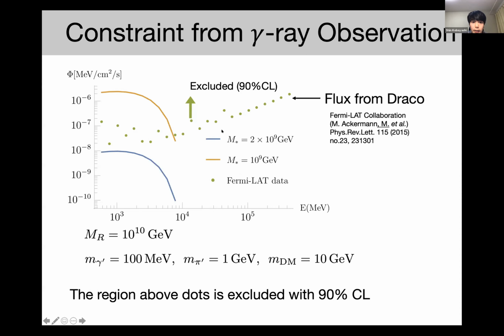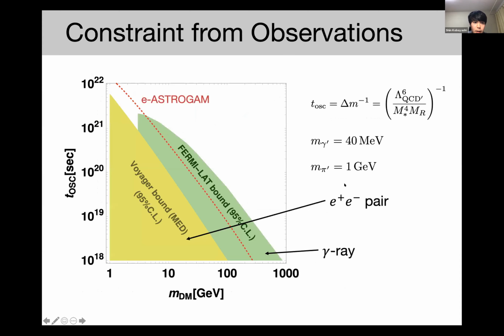And we set the proton interaction scale as 2 times 10 to the 9th GeV, and the orange line corresponds to the proton scale of 10 to the 9th GeV. The region above the green dots is excluded by the Fermi-LAT experiments.